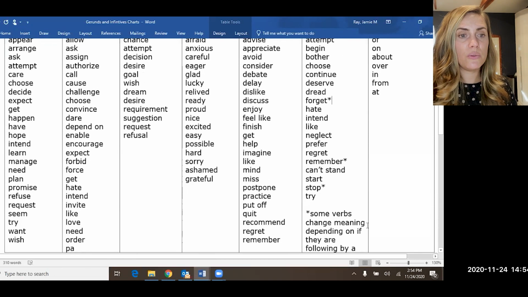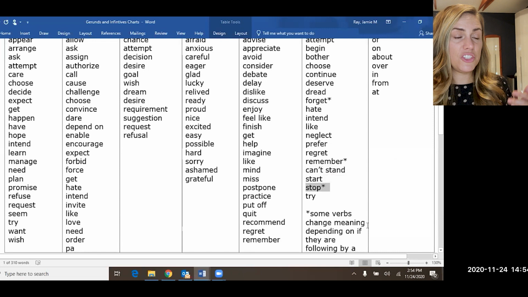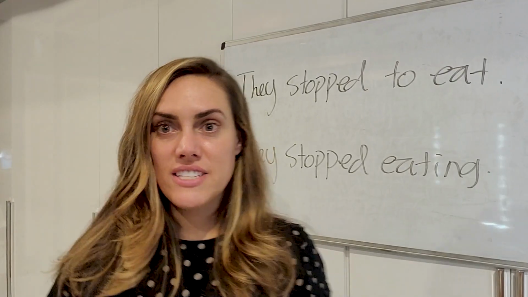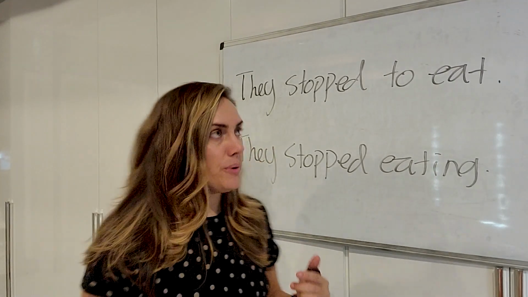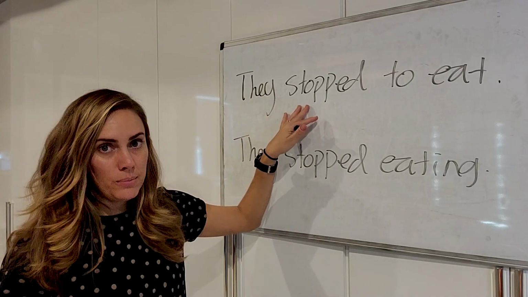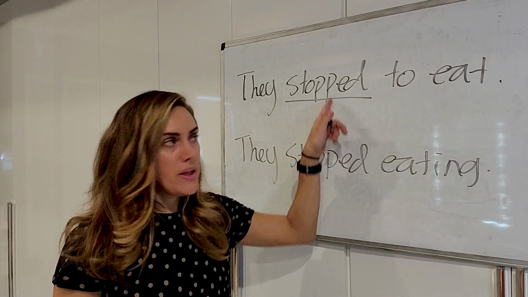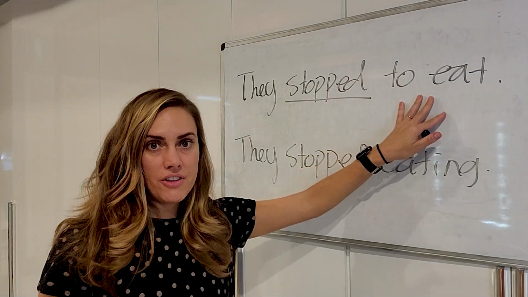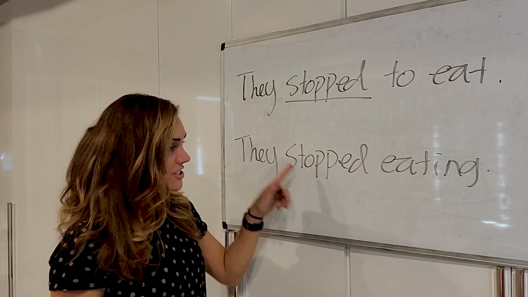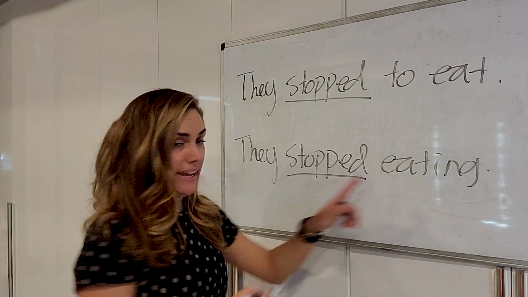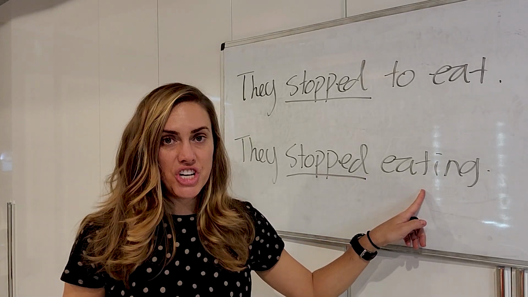Okay, so let's start with the example with stop. Okay, so let's take a look at this example. They stopped to eat. So there's the verb stop. And after it, here we have an infinitive. They stopped eating. Here we have a gerund.